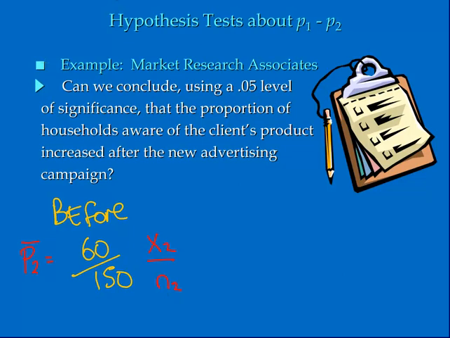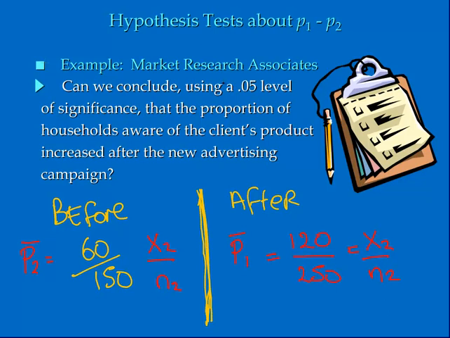In P1, after the campaign, which was called P1 bar, we had 120 out of 250. That is the number of successes out of the sample size, and again, that is after. So if you just want to quickly revisit the previous presentation in case you haven't seen it.